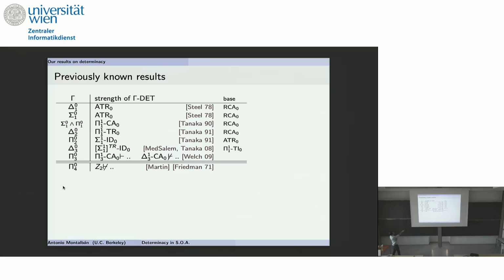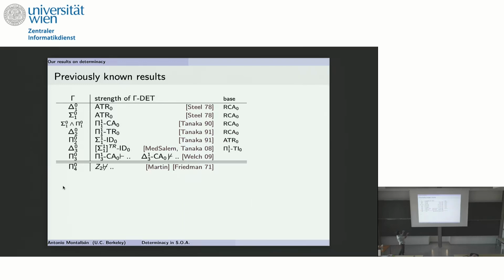Before we did our work with Richard, Philip Welch had analyzed Pi 0 3 determinacy. That one doesn't have a full reversal, but he showed that he can prove it in Pi 1 3 comprehension, but not in the system right below it, which is Delta 1 3 comprehension. And Friedman's proof showed that Pi 0 5 determinacy couldn't be proved in second-order arithmetic.